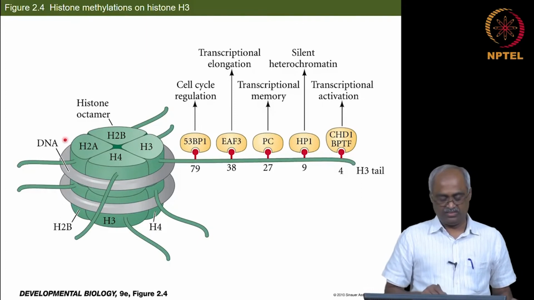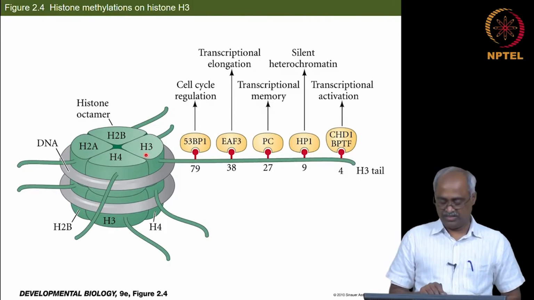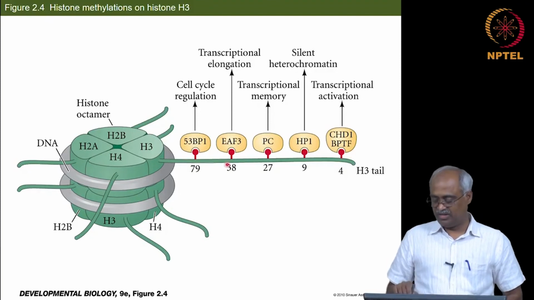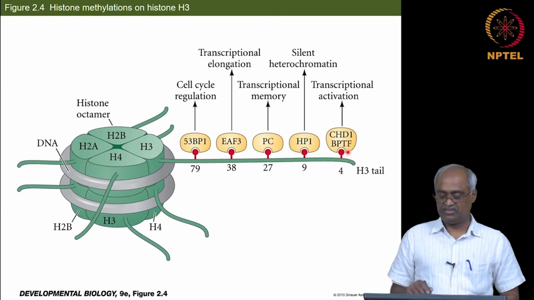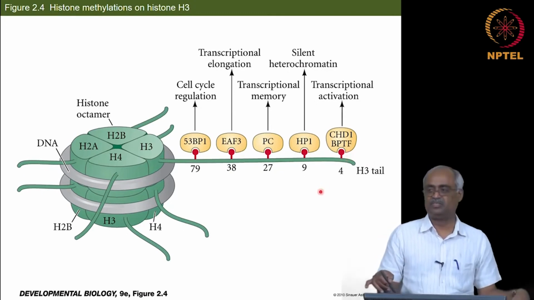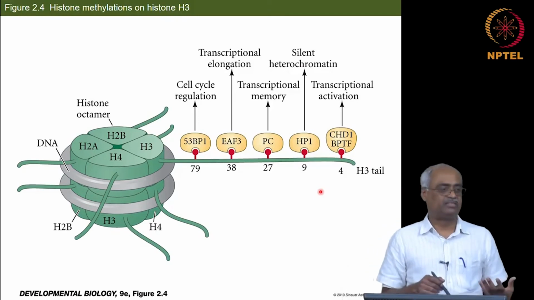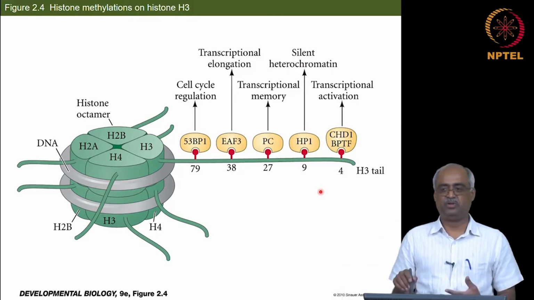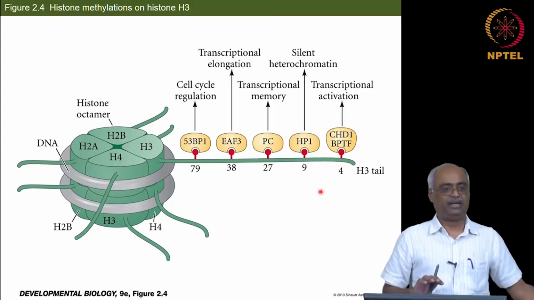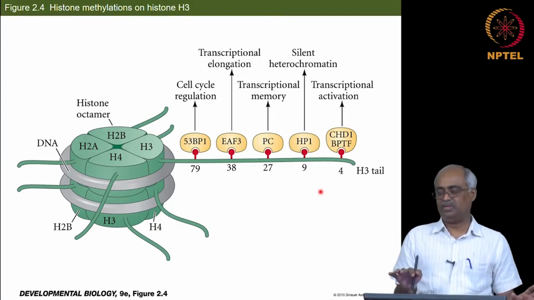Now, a closer look at one of the nucleosomes, particularly focusing on H3's tail. Here, these red ones are the methylation marks. Some of the red methylation marks combined with acetylation in general activate transcription. That is the point I want to make here. It is not that methylation means inactivation regardless of where the methylation is.